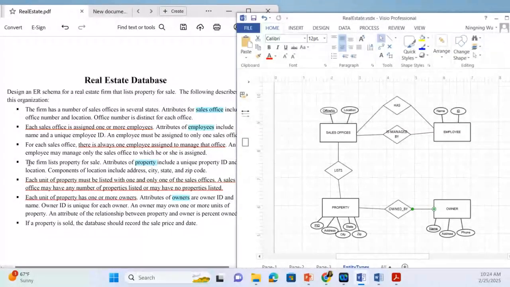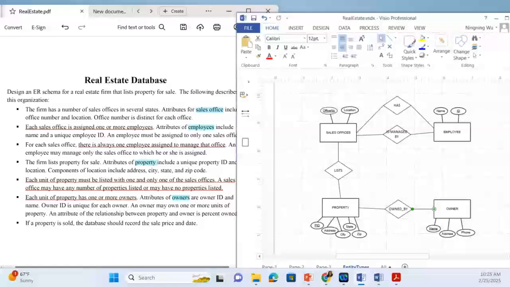Okay, so let's see. The last one is that if a property is sold, then the database should record the sales price and the date. This can be represented by a relationship between the property and the sales office, so the office sold the property, or we can directly put the sales date and price on the property.